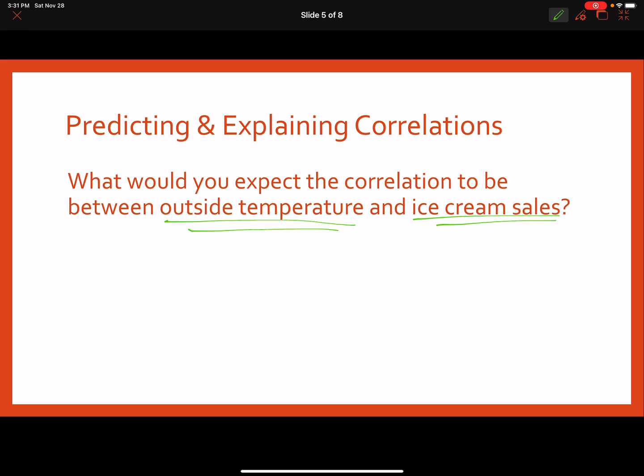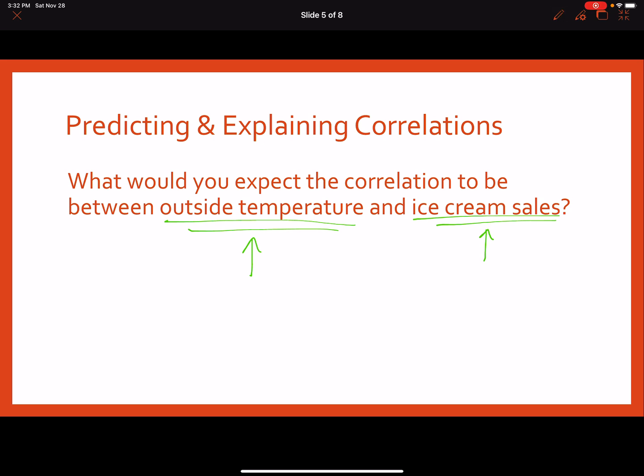But typically when it is warmer and hot temperatures, there are more ice cream sales occurring. So if we were thinking about that, as the temp is increasing or going up, the ice cream sales are probably going up as well.